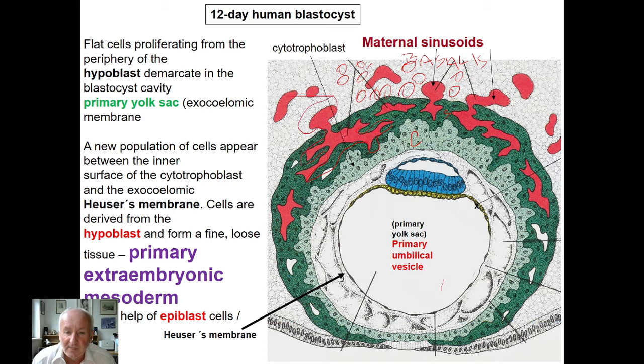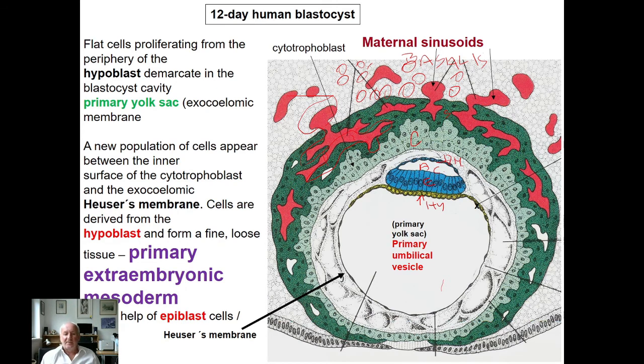From this moment, the cells are getting nutrition already from the blood of the mother. So you see the beginning of hemotrophy for the cells of the blastocyst. You see hypoblast cells. You see epiblast. You see amniotic cavity and amnioblasts.